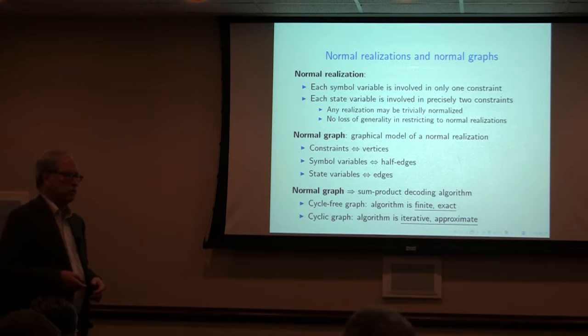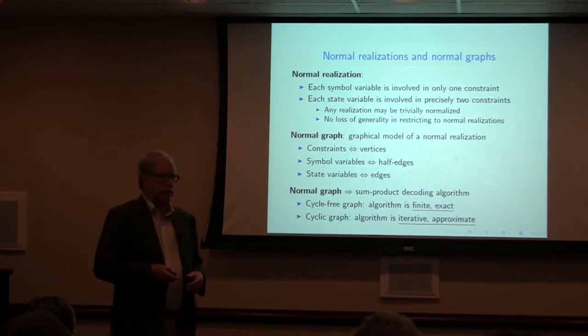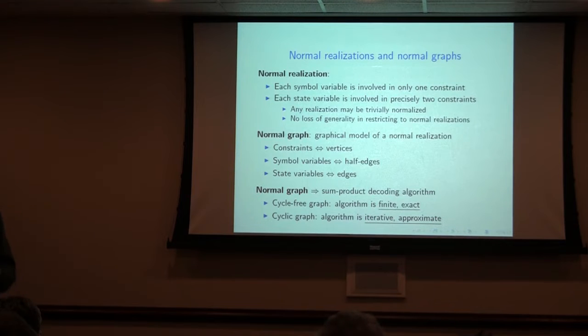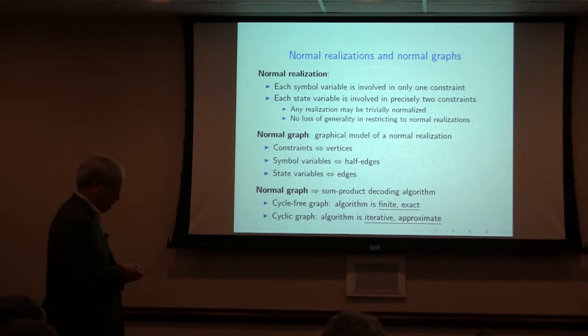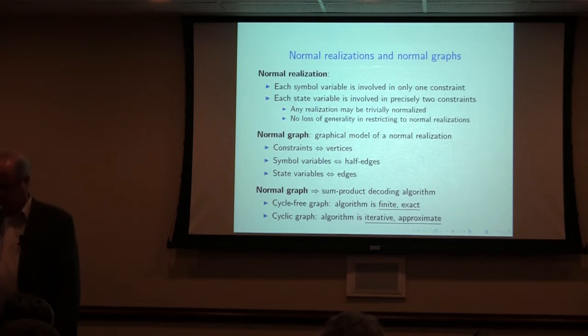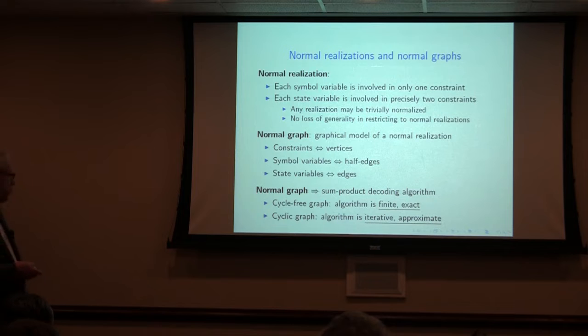But if you apply it to a graph with cycles, the algorithm becomes an iterative, approximate algorithm that may or may not converge, needs some kind of stopping rule, etc. If any of you are familiar with belief propagation or sum product decoding, you know about these things. So there's a big distinction between the cycle-free world and the world of graphs with cycles.